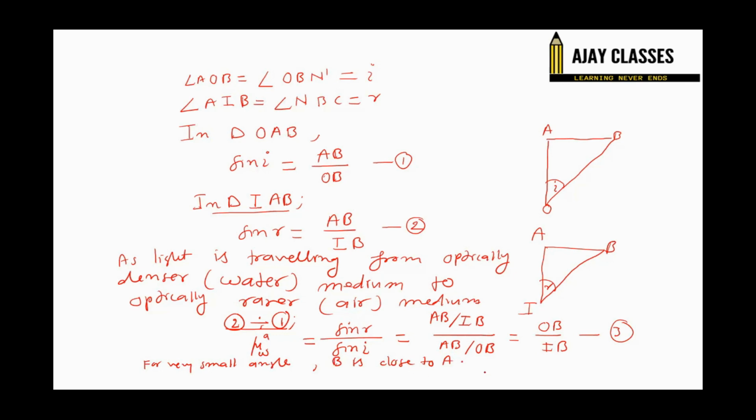So ultimately we write the refractive index of water with respect to air as OA by IA, where OA stands for the real depth and IA stands for the apparent depth. And so we get the relation between the real depth and apparent depth, which relates with the refractive index of water with respect to air.